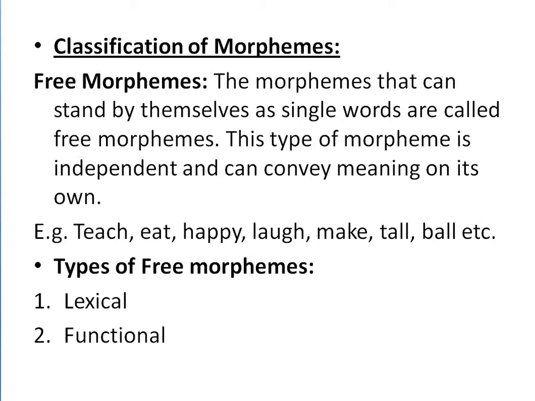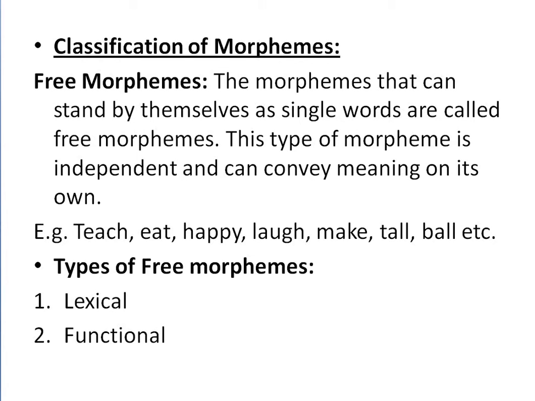For example, teach, eat, happy, love, make, tall, ball. These are morphemes that carry a meaning, they are minimal meaningful units. We cannot further divide teach, eat, or happy. They are the basic units that carry a meaning and cannot be divided further.